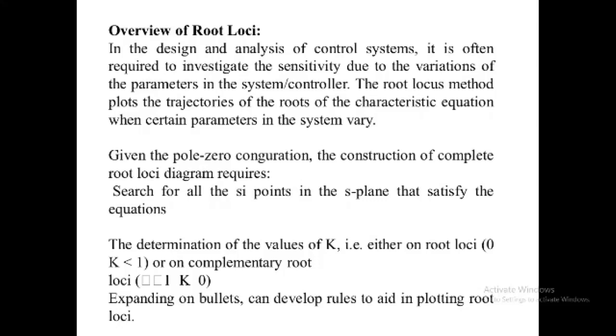Given the pole zero configuration, the construction of the complete root locus diagram requires a search for the s points in the S-plane that satisfy the equation.